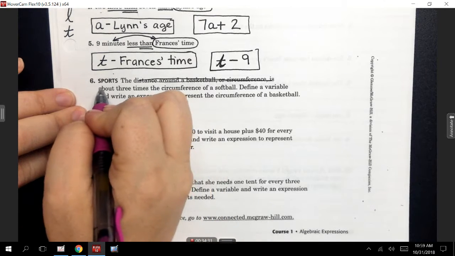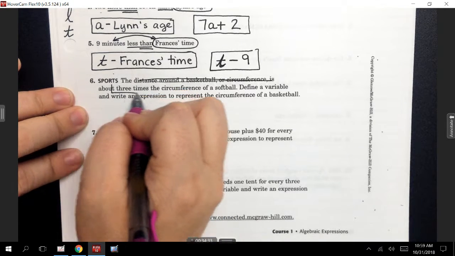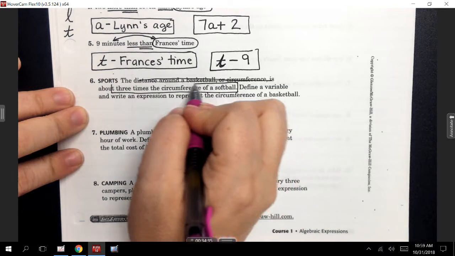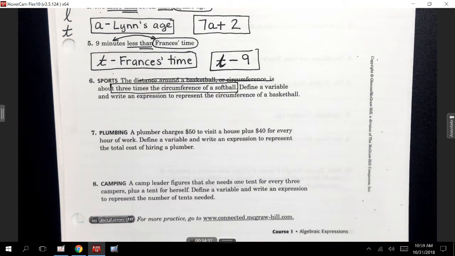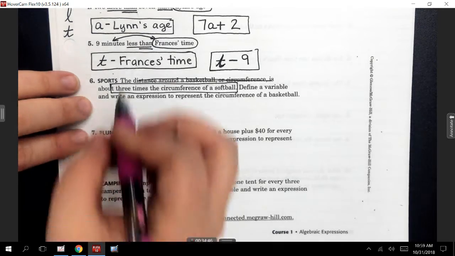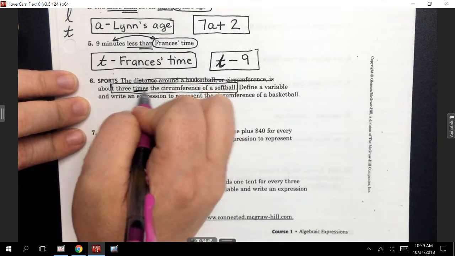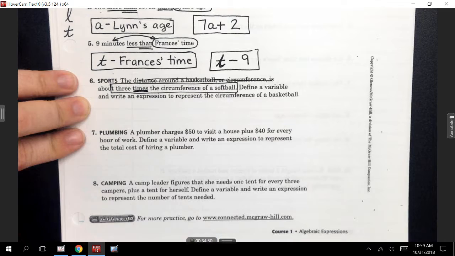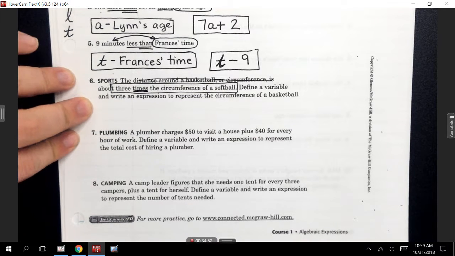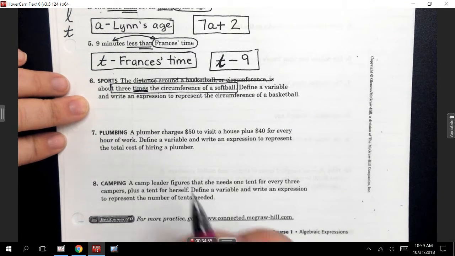What I care about is right here where it says 3 times the circumference of the softball. Do y'all see? And that's also where my math is. We're always looking for that math. All right? So it says 3 times the circumference of the softball. What information is it that I don't know? Camilla?